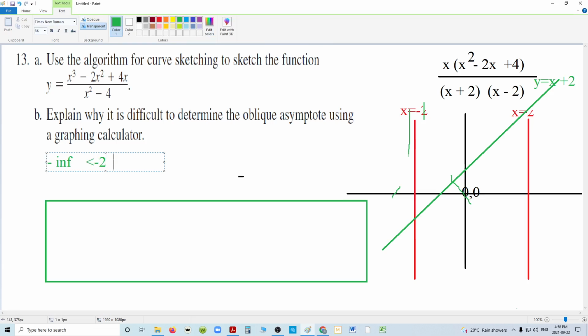What does it do between minus 2 and 0? What does it do between 0 and 2? What does it do just on the other side of plus 2? And what does it do on plus infinity?